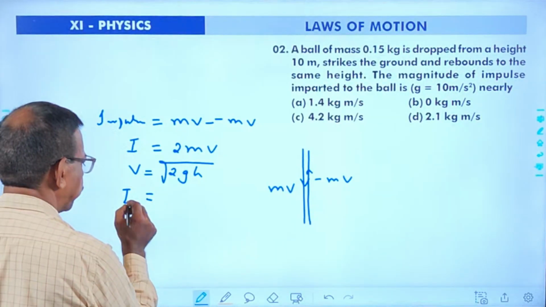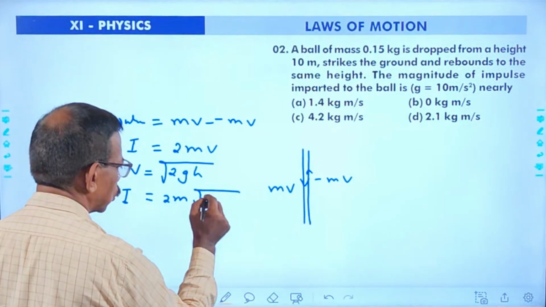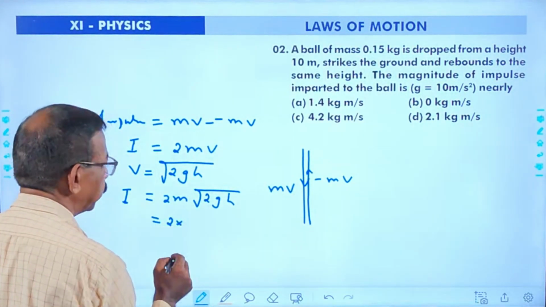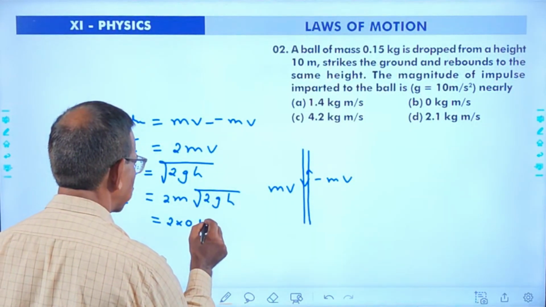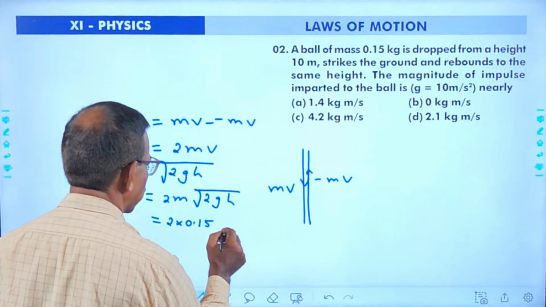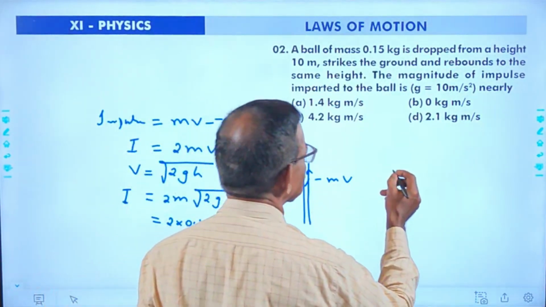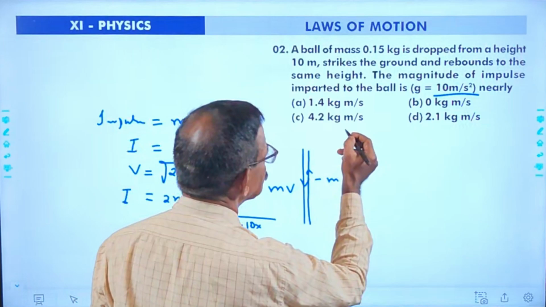Hence, the impulse I equals 2m into root of 2gh. Here, how much is m? 0.15 kilogram. Then, we have root of 2 into, g is given as 10. In the question itself, it is mentioned as 10. And the height is also 10 meter.